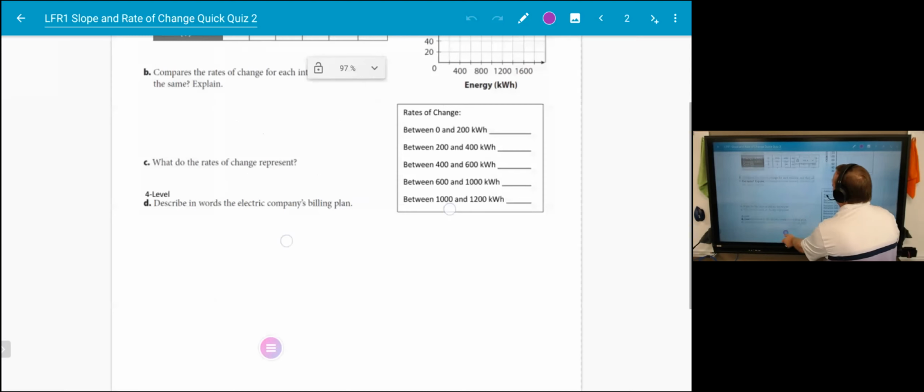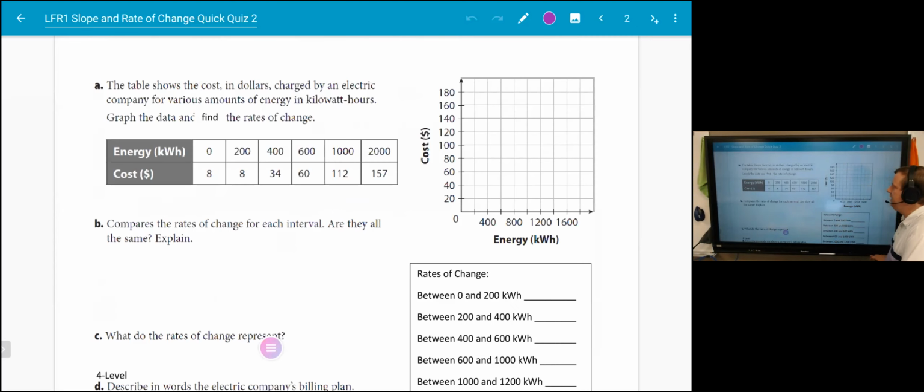Backside, here we go. The table shows the cost in dollars charged by an electric company for various amounts of energy in kilowatt hours. Graph the data and find the rates of change. So 0 energy costs $8, so somewhere right around in here. 200 also costs $8. 400 goes to 34, somewhere about in here. 600 goes to 60. 1,000 goes to 112, about right here.